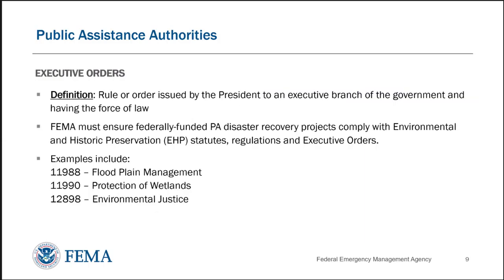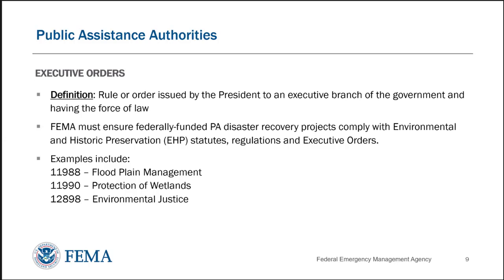Executive orders: an executive order is a rule or order issued by the president to an executive branch of the government, having the force of law. FEMA has to ensure federally funded Public Assistance disaster recovery projects comply with other laws and agencies, such as the Environmental and Historic Preservation, EHP, statutes.